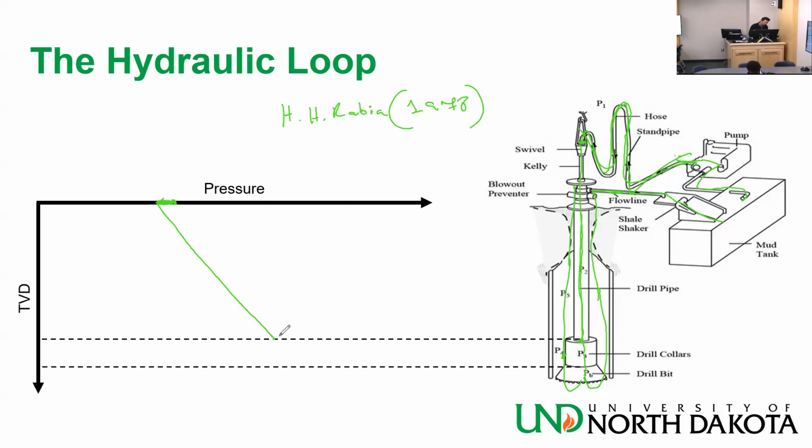So then it goes on like this. We lose a little bit of a slope. And then across the bit, we assume that the bit is heightless because it's very small compared to the rest of the drill string. So we just lose pressure to friction through the bit nozzles, the jet nozzles of the bit. So this is important. This is the PB.